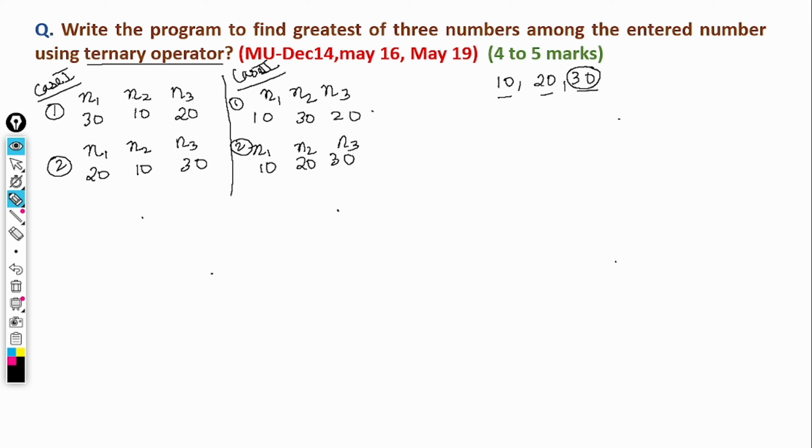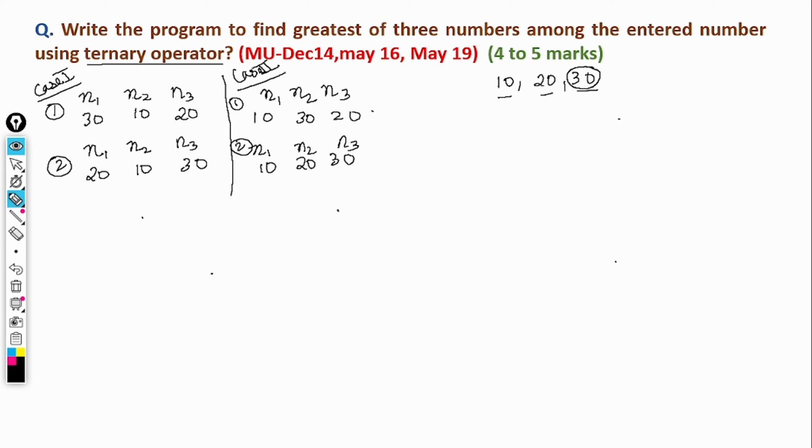And in case 1 part 2, again n1 is greater than n2, which is 20 and 10. In the second case, n1 is not greater than n2: 10 is not greater than 30, and in the second sub case, 10 is not greater than 20. Why am I saying not greater than n2?